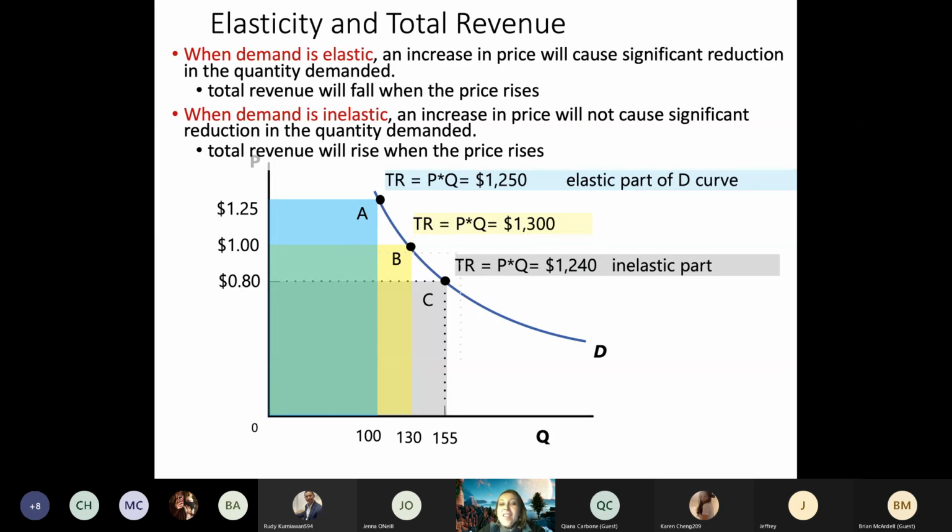Okay, and then total revenue is a rectangle, a gray rectangle in this case.